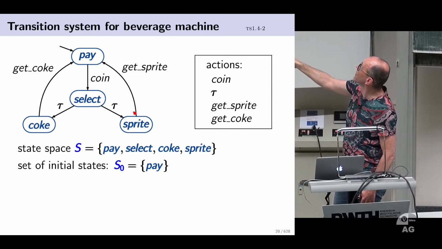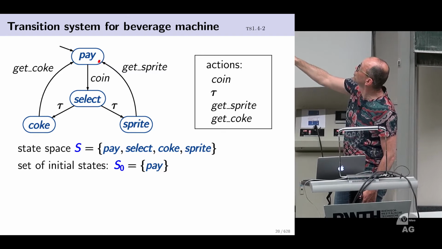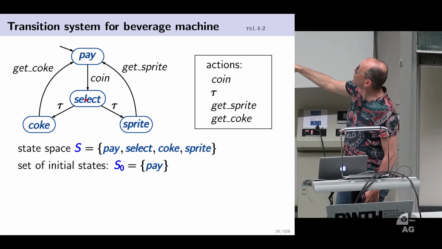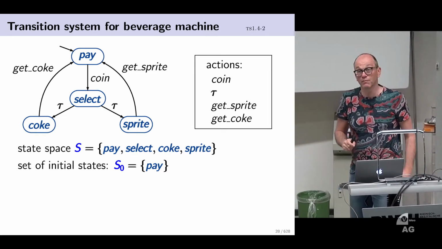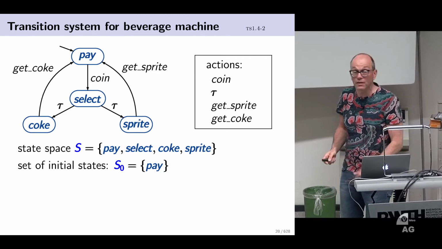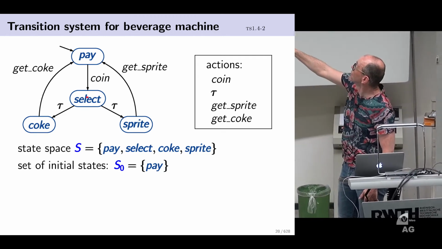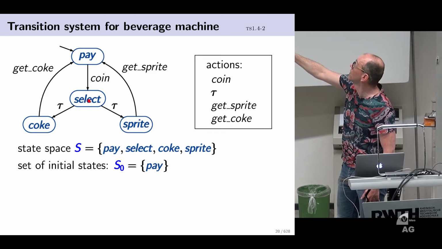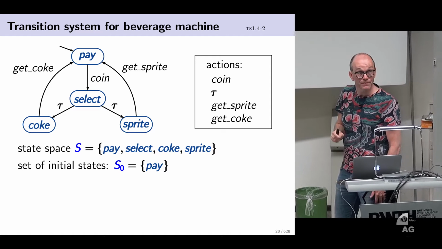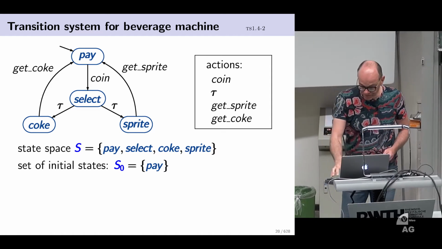This is the action get Sprite, if we move from Sprite to P. And in Select, apparently there is an action TOR here and an action TOR there. So the first thing you see already is that this, like automata, can also be non-deterministic. In this state, there are 2 TOR-labeled transitions, namely one going to the left and one going to the right. Both labeled the same.